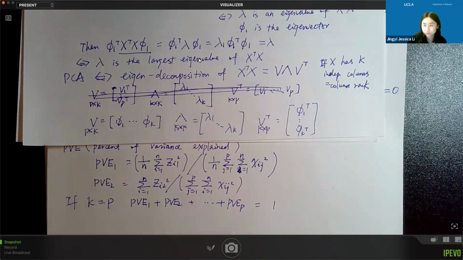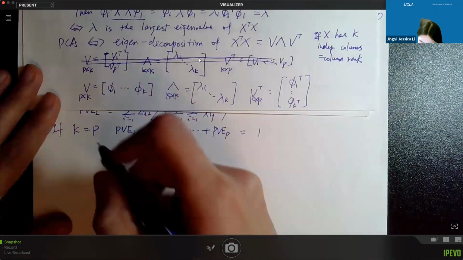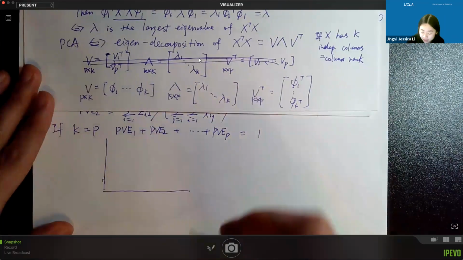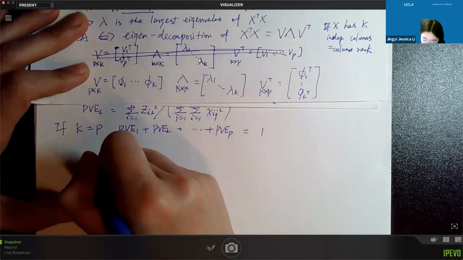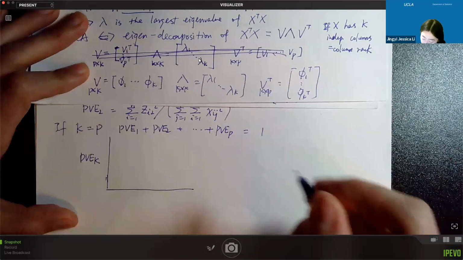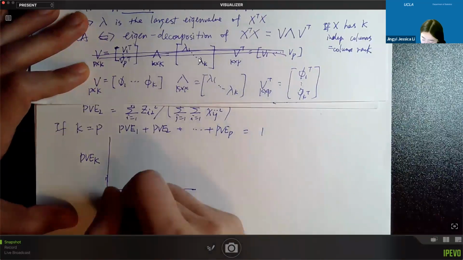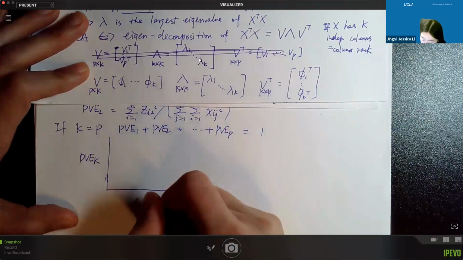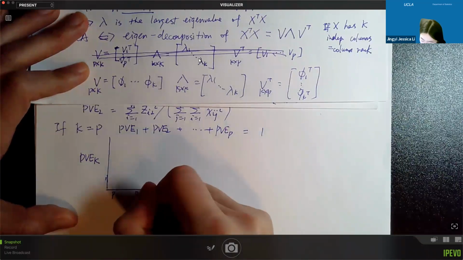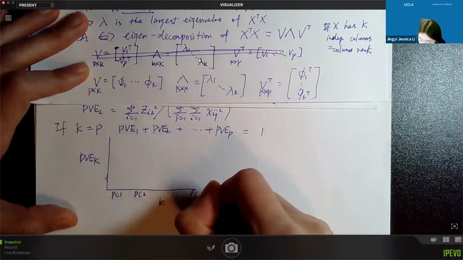We want to find the proper K to be reduced to, and hopefully K is much smaller than p. That's why we have this elbow plot, just as what we have for the K-means clustering problem, how to choose the K. This is also about K. This is PVEK, and here we have the PCs: PC1, PC2, up to PCK, right?